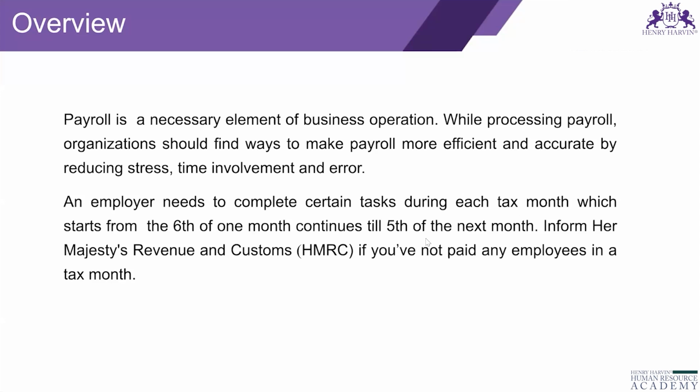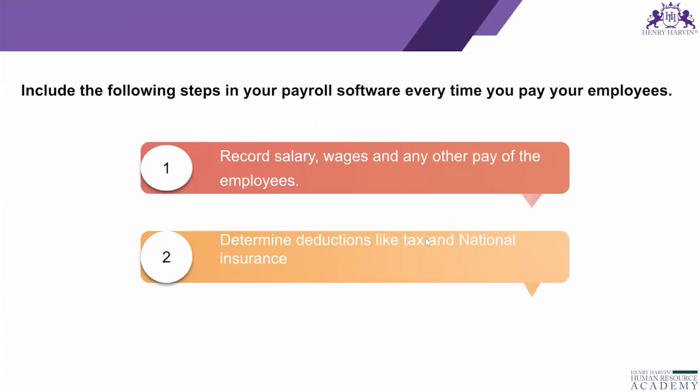Like I explained, if you have not paid any employees, this is also a compliance. You have to inform HMRC that we are not going to pay anyone or we have not paid anyone. You cannot assume that HMRC will think, okay, we are not paying, that's the reason we have not sent the FPS. So you have to inform. These are some important compliance steps that you have to follow.